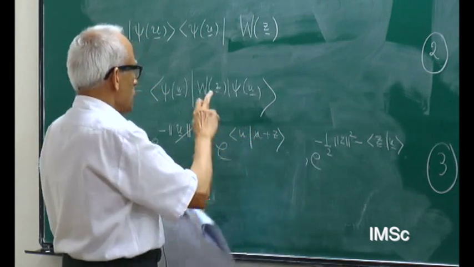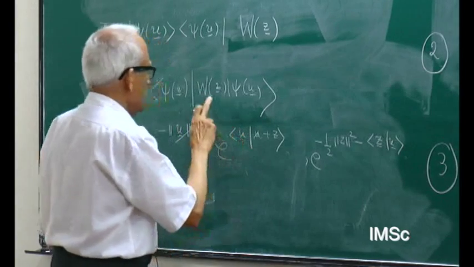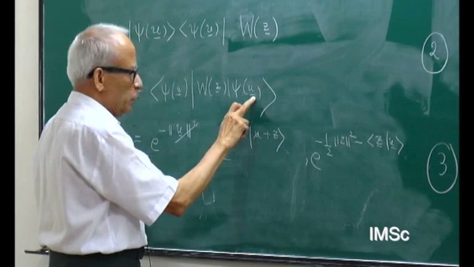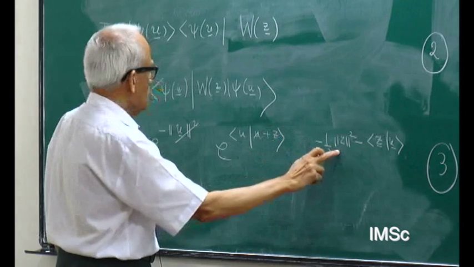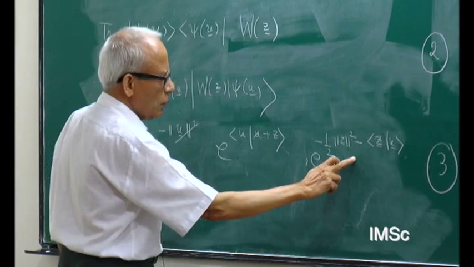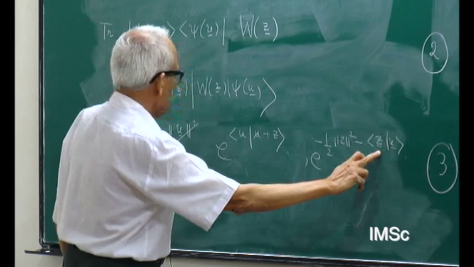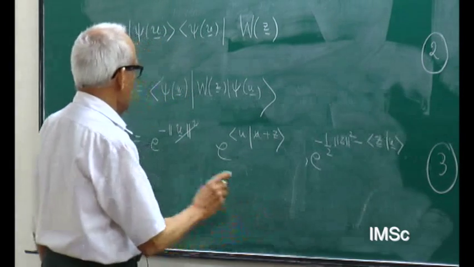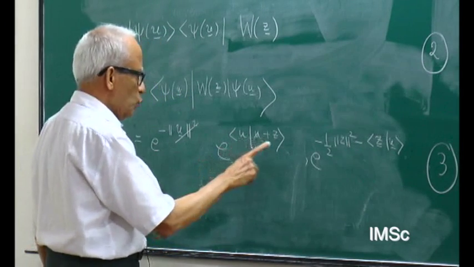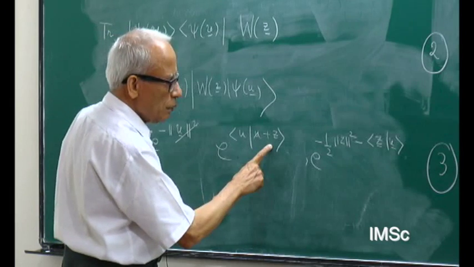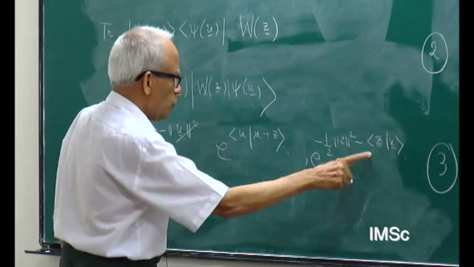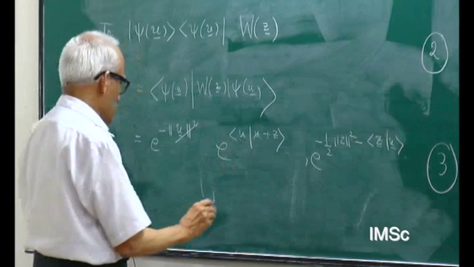Sorry, here I have made a mistake. WZ applied to U, minus half Z square minus ZU, and this is U plus UZ minus ZU. Okay, that is right. It is the imaginary part.